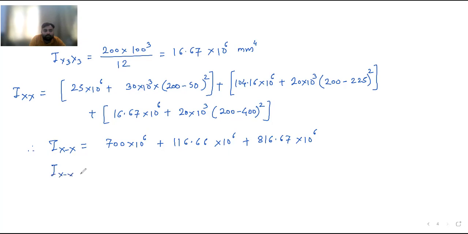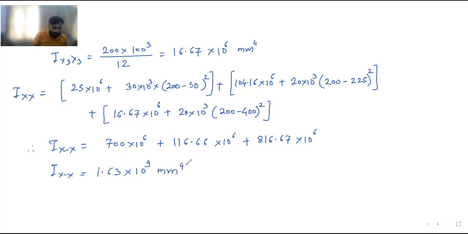Now calculate Ix total. It is 1.63 into 10 raised to 9 mm raised to 4.